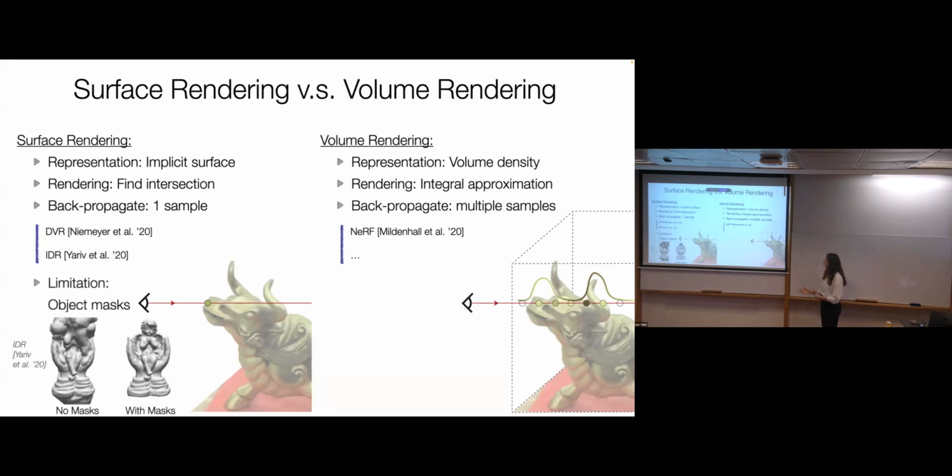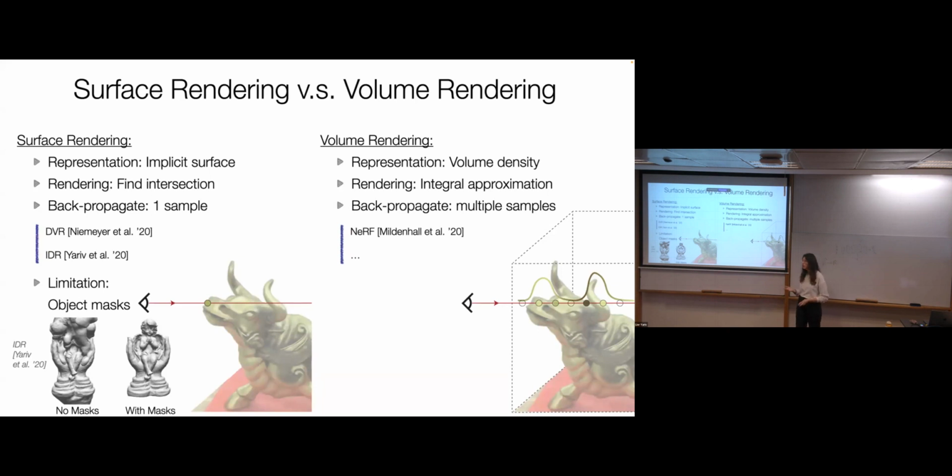There is something that I misled you about before. Another thing that we needed in order to learn IDR is object masks. So we didn't have only the images as input. We also have an object mask that gives us where the object is and what is the background.